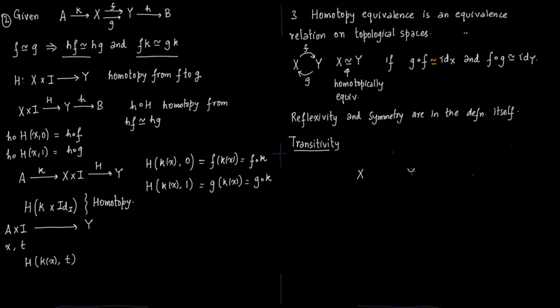So you have space X, you have space Y, and you have space Z. X is homotopically equivalent to Y. That means you have the maps f and g, where first g then f is id on Y, and g composed with f will give you id on X. And then Y is homotopically equivalent to Z. So you have further maps, say h and k.